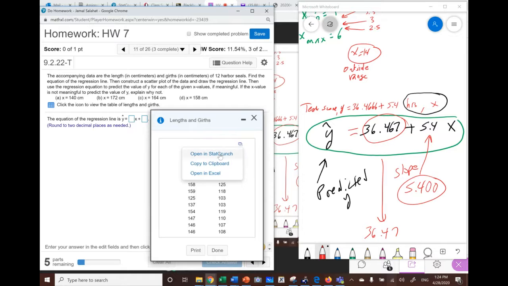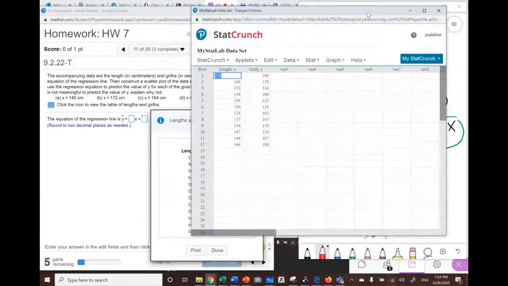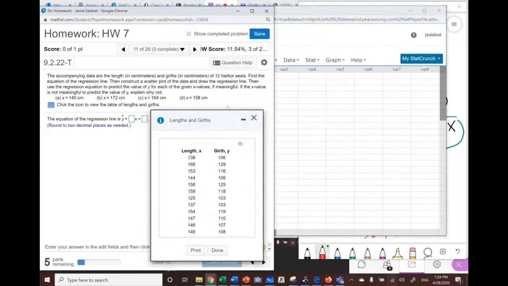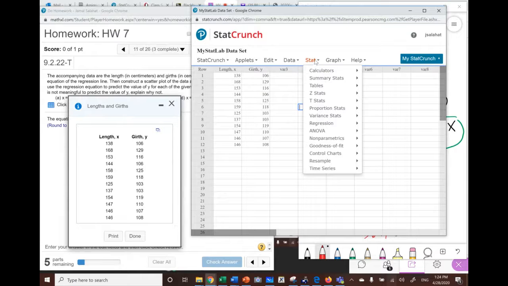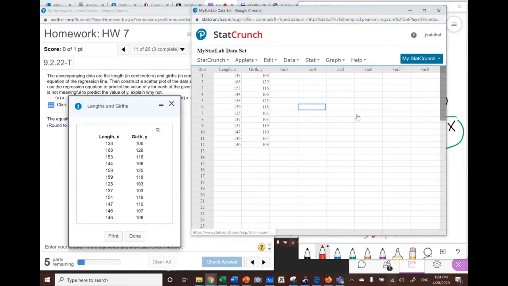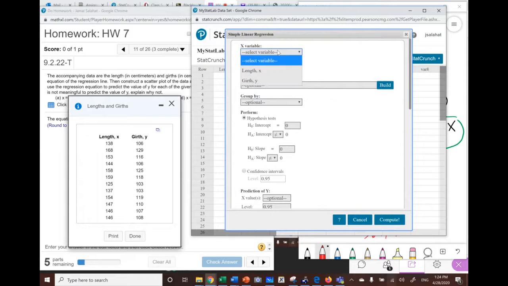To do that, I open StatCrunch and copy this into StatCrunch. Then I go to Stat, Regression, Simple Linear, and x will be length, and variable y will be girth in this case.